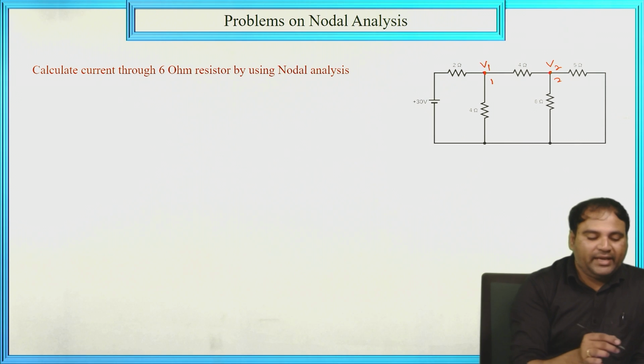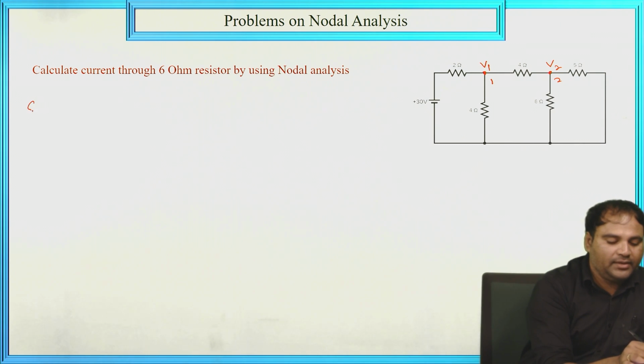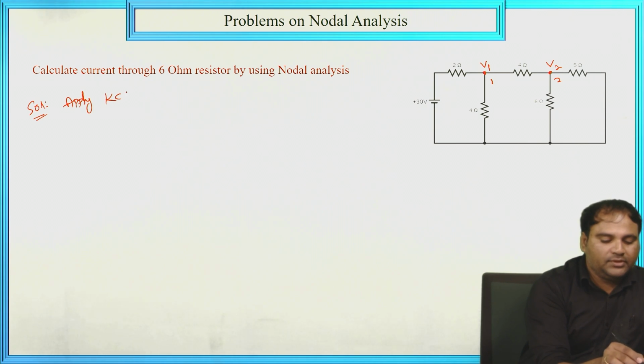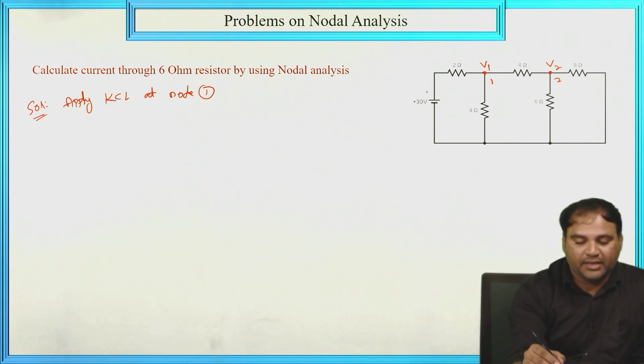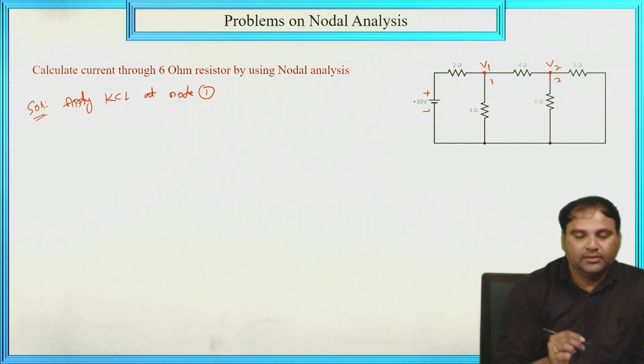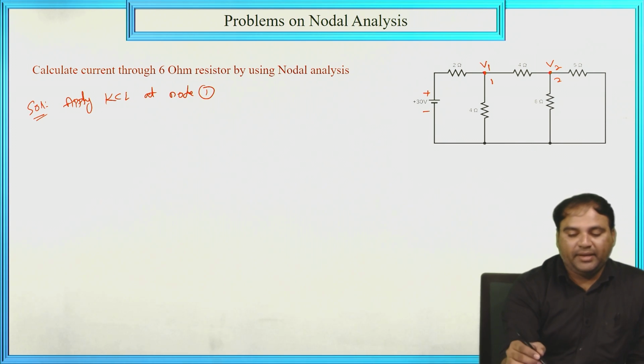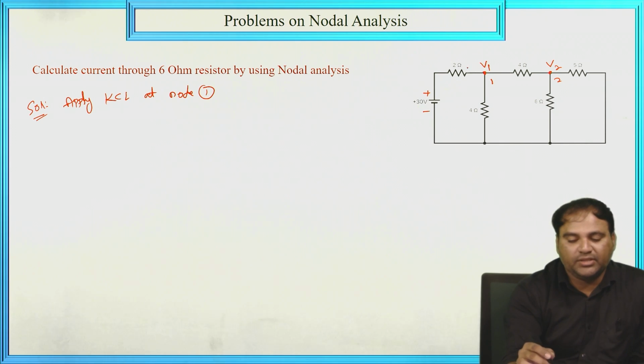Now apply KCL at node 1. Now the node 1 equation is: the current through this 2 ohm resistor is V1 minus 30 divided by 2.